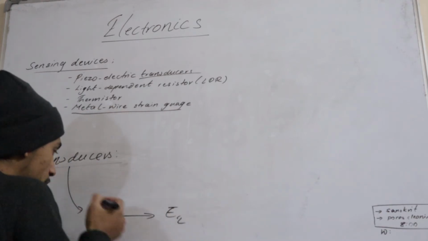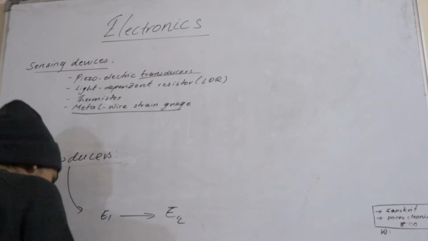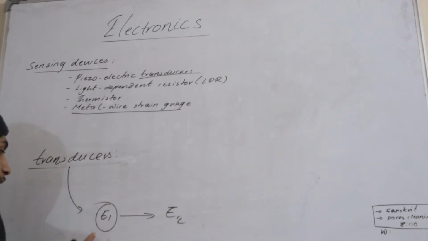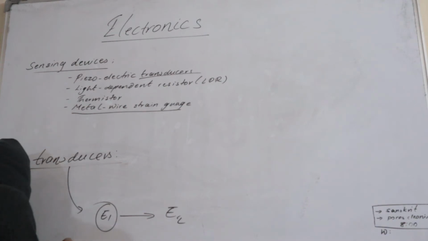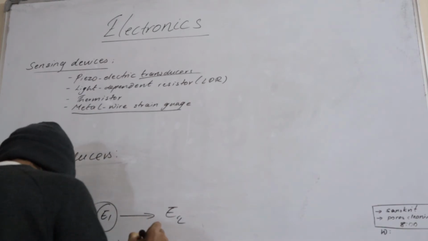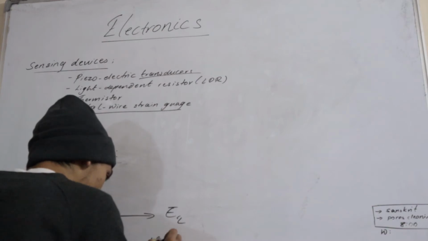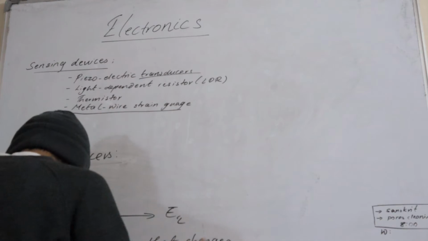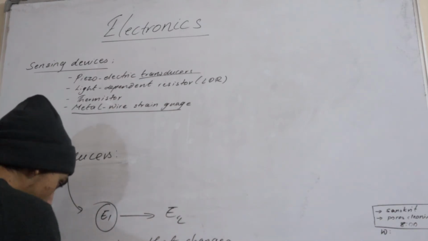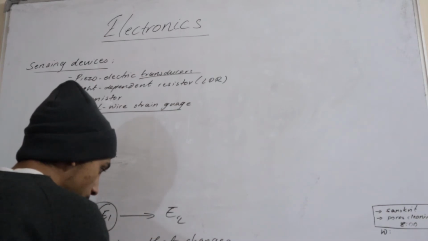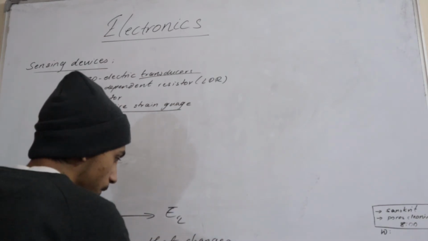In the definition, you have to answer that a transducer is any device that changes one form of energy to another form.